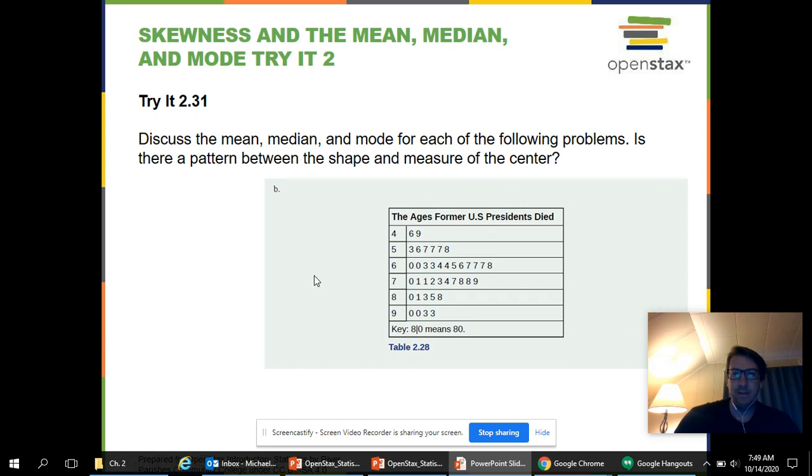This data looks fairly symmetrical right down the middle, though we do have the mode, which is going to be 6. This is the age former US presidents died. So 60, 60, 63. And this looks fairly symmetrical, but just skewed slightly to the right. So our most common data value, if we look at this, would be 67.